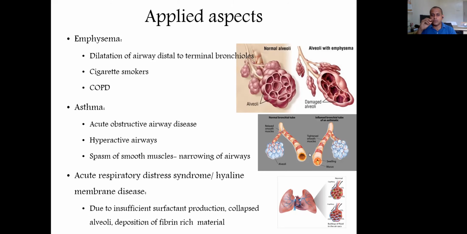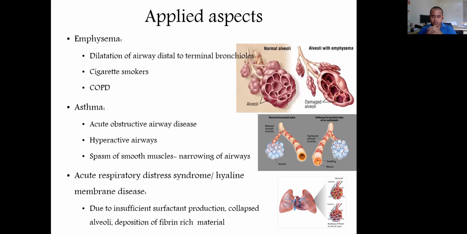So in case of asthma, the smooth muscles contract, creating a narrowing of the airways, and the secretion inside is increased. This may lead to difficulty in breathing. For this, you have to dilate the airway. So how can you dilate?